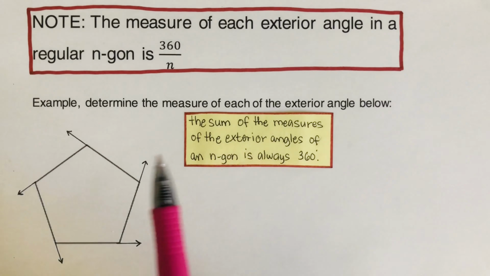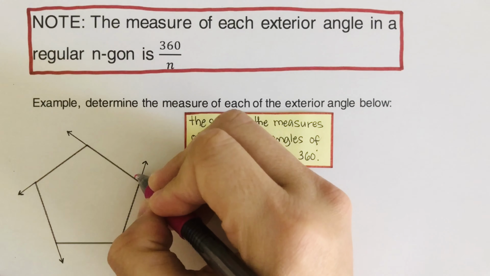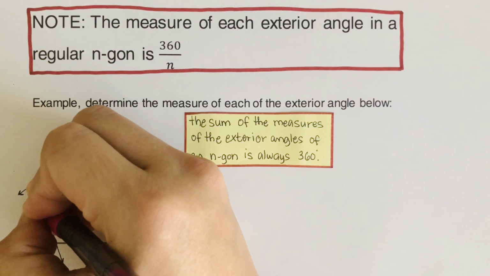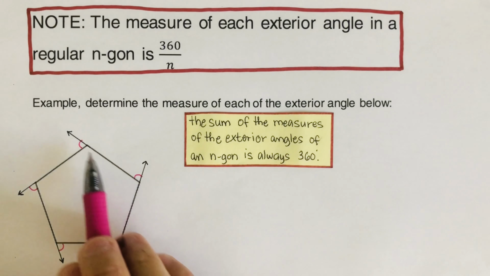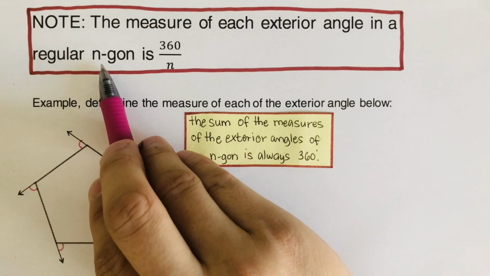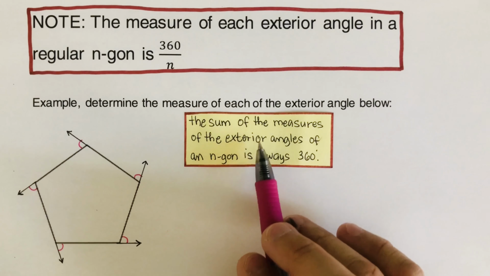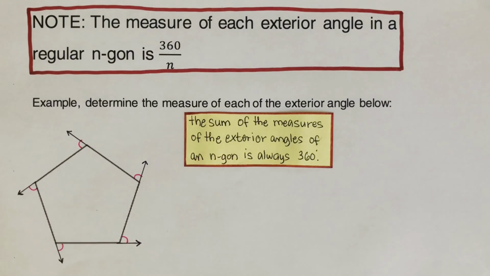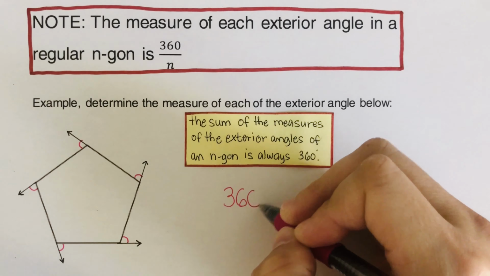Now, if it's a regular polygon, each of these exterior angles, which I'm going to label in red, are equal. So they are equiangular. The reason they're equal is that this is a regular polygon. So we can still use the formula from the other video, the general sum of the exterior angles of a polygon, which is 360. All we need to do is divide 360 by the number of sides.